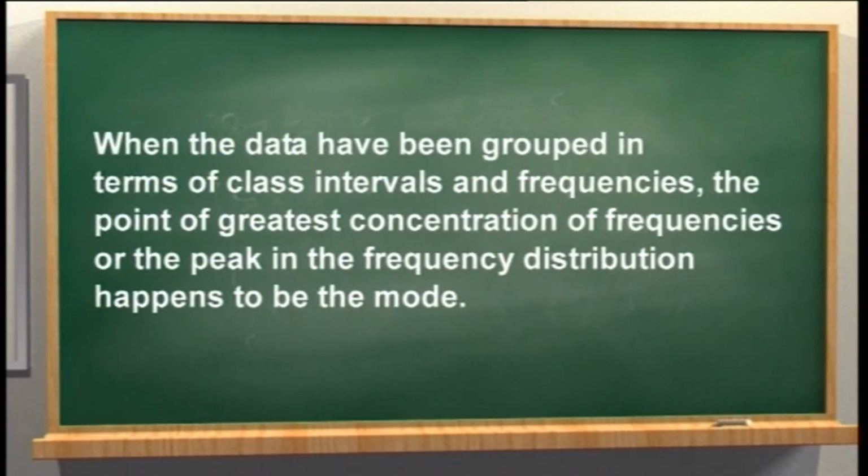When the data have been grouped in terms of class intervals and frequencies, the point of greatest concentration of frequencies, or the peak in the frequency distribution, happens to be the mode. In such a situation, the mode can be identified by inspection alone. The mode is the midpoint of the class interval having the greatest frequency.